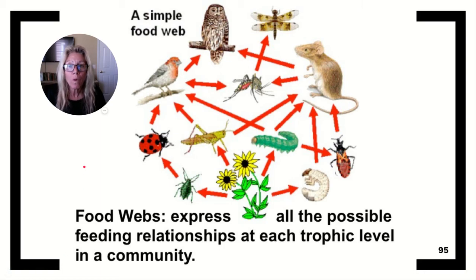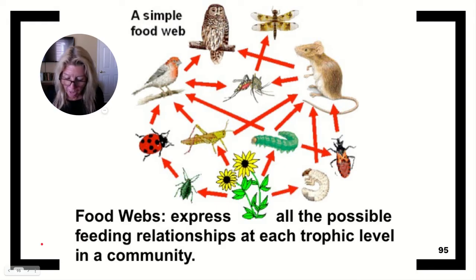Now, a food web, okay, shows all the possible pathways. And this is more like reality, right? So you could have several different organisms that are going to eat this bug or this worm, right? And so we can see that if you take one thing out, if you took out this bird, you can see how it would impact several different populations within this community.